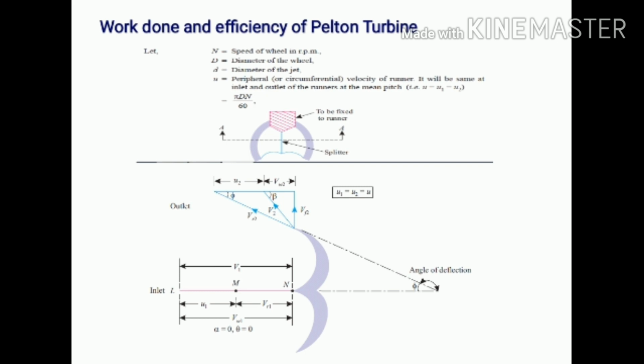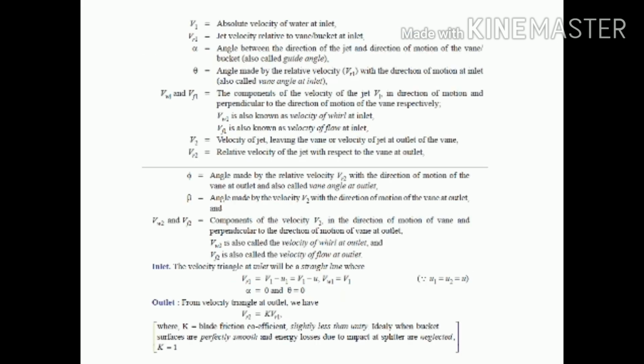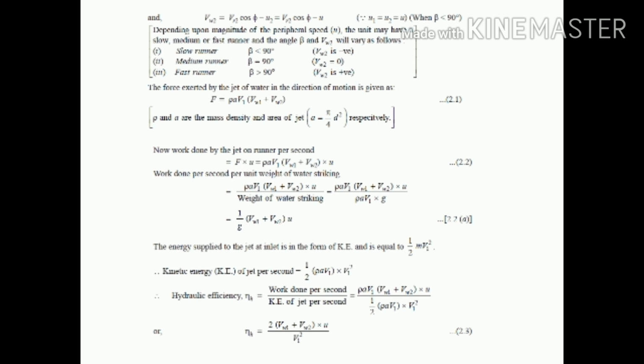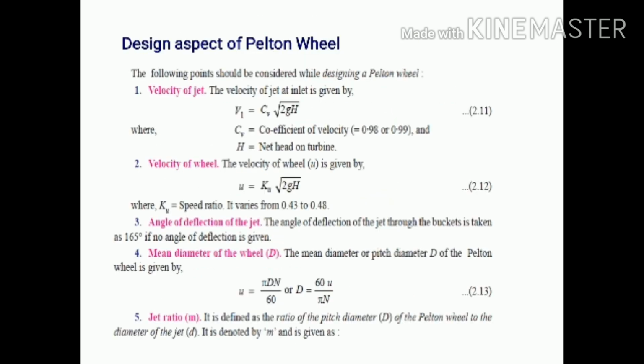Now here are some design aspects of the Pelton wheel which we have to consider while solving numericals. The first one is the velocity of jet, that is v1. If the absolute velocity is not given, but the head and the coefficient of velocity are given, then we can calculate v1 using the formula v1 is equal to cv into square root of 2gh. The value of cv ranges from 0.98 to 0.99.